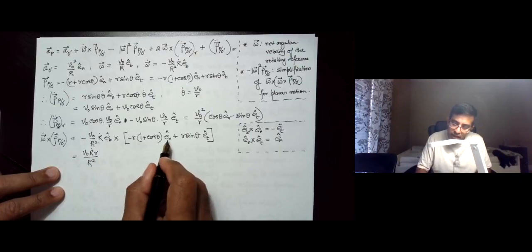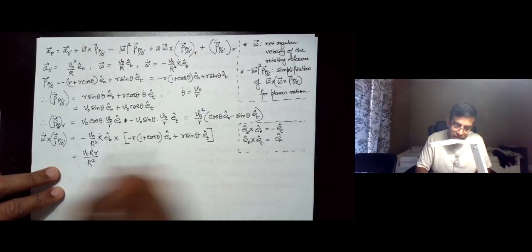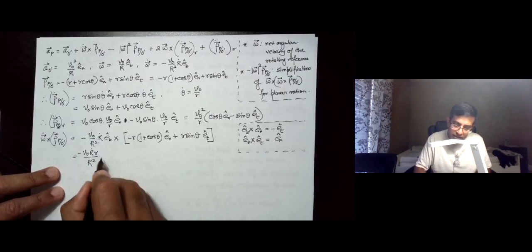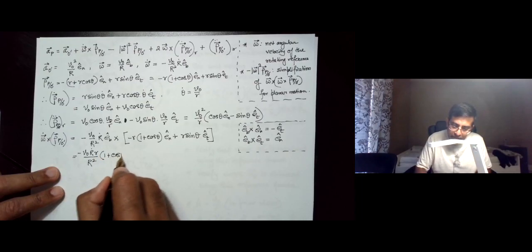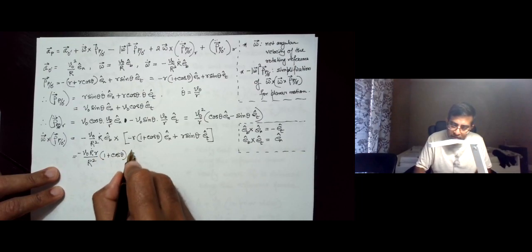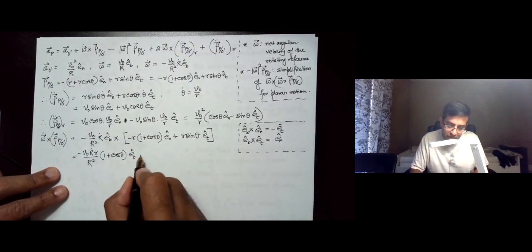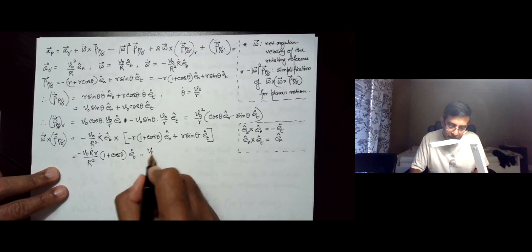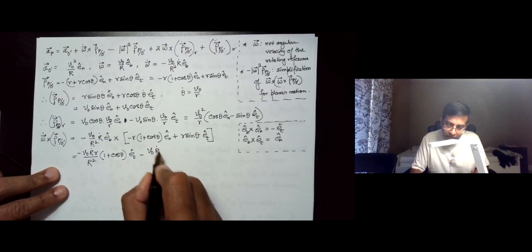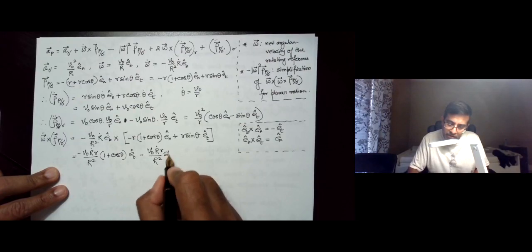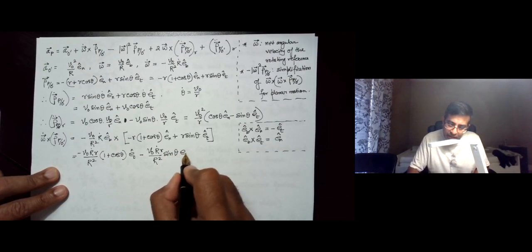EB cross En is minus ET, so we'll have to put a minus sign here because the two minuses get multiplied prior. 1 plus cosine theta Et, and EB cross ET is En, so this will also have a negative sign. V naught capital R dot small r divided by capital R squared sine theta En.